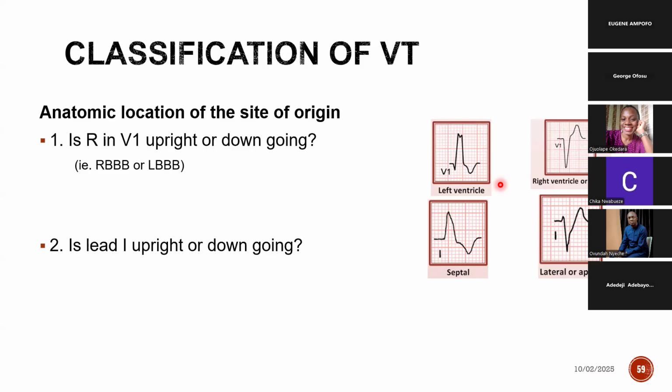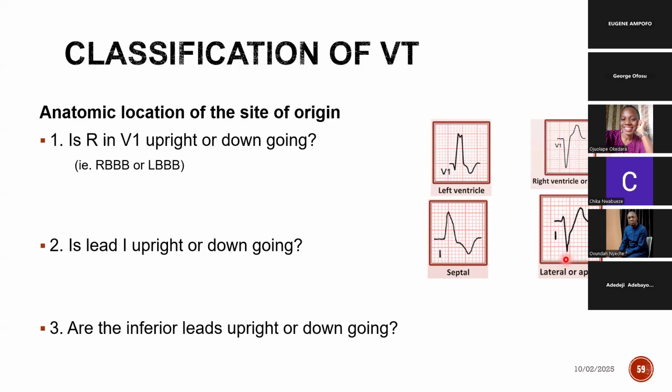So that will be mainly septal in origin. And if the QRS complex in V1 is downgoing, as we are seeing here, that means that the impulses are moving away from V1. So then the location will be on the lateral side or the apical side.